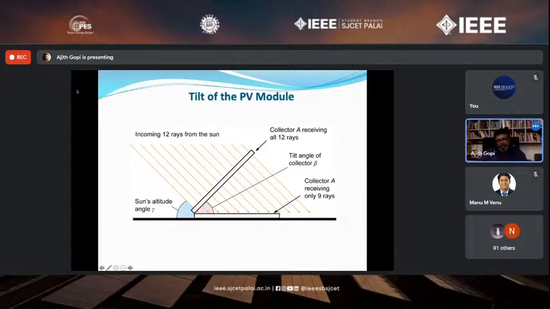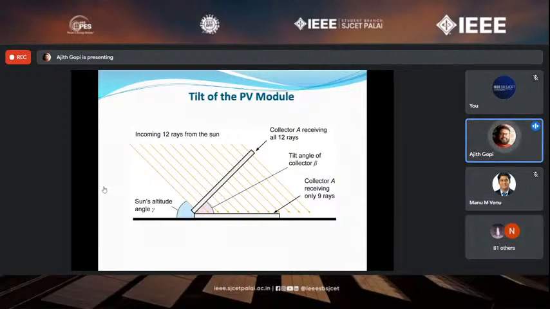This illustration shows incoming total rays coming from the sun. If you make the solar module in this way, you will get maximum solar rays falling on it. And if you make it horizontal to the plane, you will get fewer rays, right? This is a simple illustration of how you have to make a tilt to get maximum advantage of the rays coming in. And I will give you some thumb rule for that.